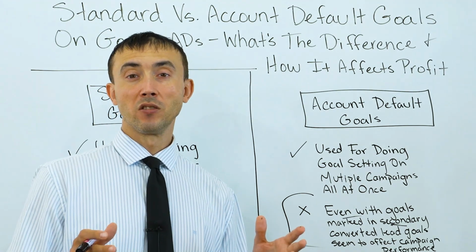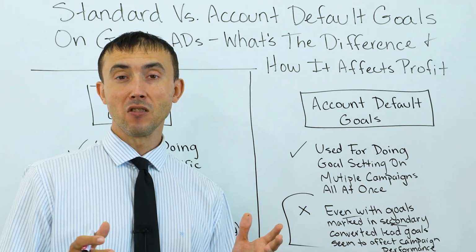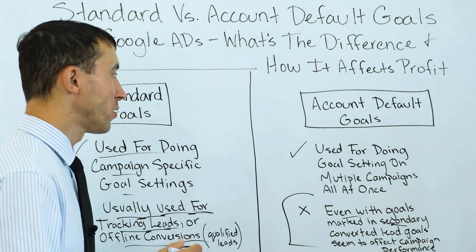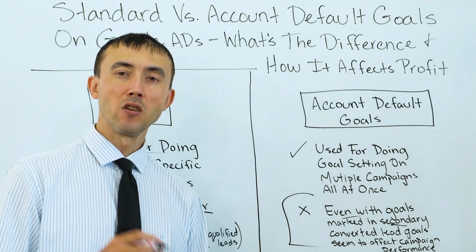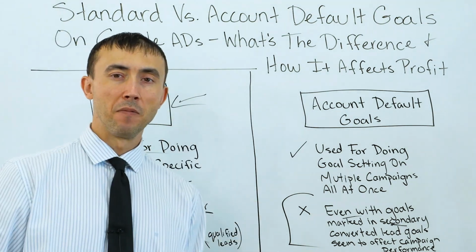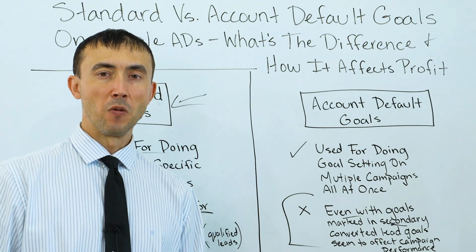Why Google is doing this, I don't know, but this is in reality what happens to the accounts that we're working with. If a goal is marked in secondary because you're not utilizing it, you should also mark it as a standard goal basically at the same time, just to keep this simple, if you will.